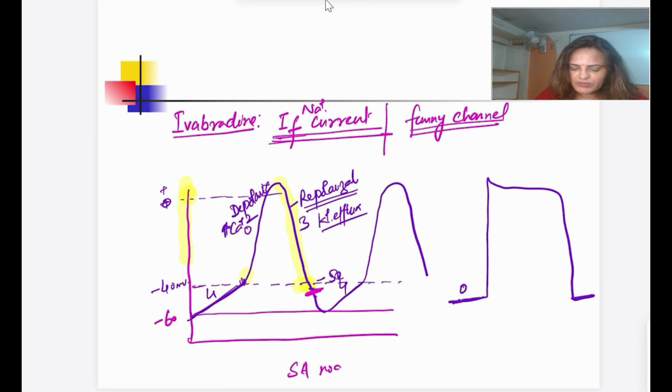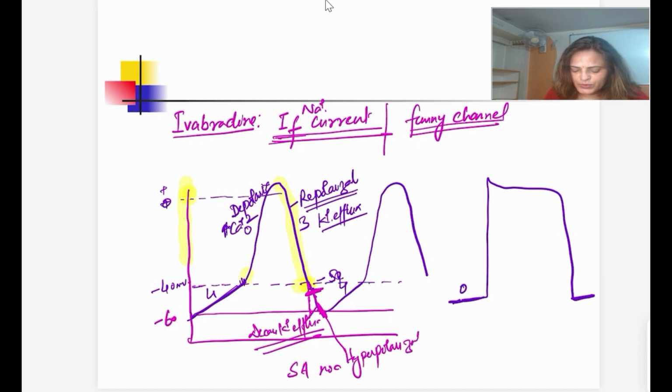That's why it is moving like this. Instead of moving this way, towards hyperpolarization, it is moving this way. So what will happen here? This is because of the decay in the potassium efflux. There is a decay in the potassium efflux. So now this cell, we'll say, is under hyperpolarization.